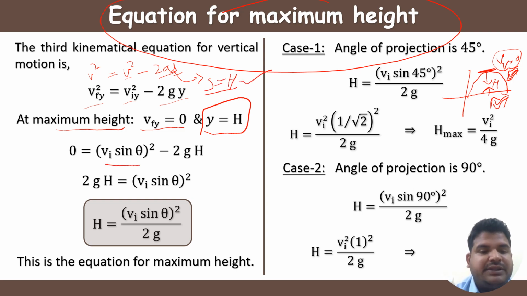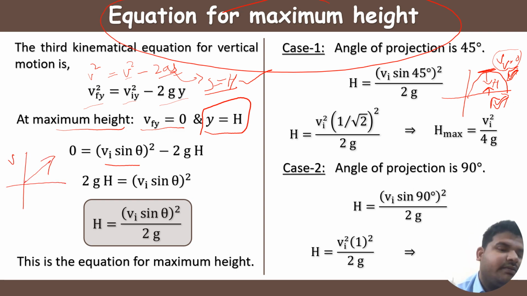Then you are getting (v i sin theta) square, the vertical component. 2gh is equal to (v i sin theta) square, h is equal to (v i sin theta) square upon 2g.